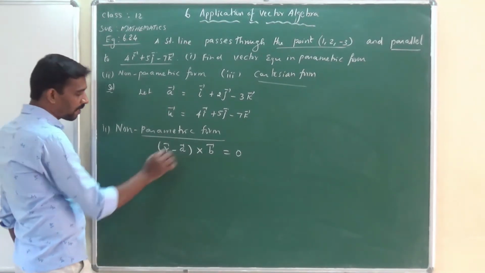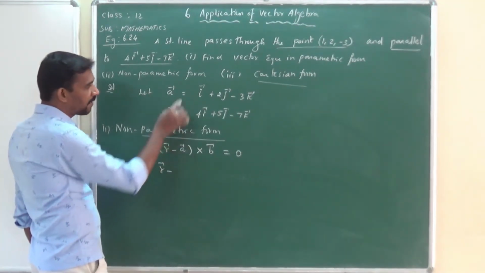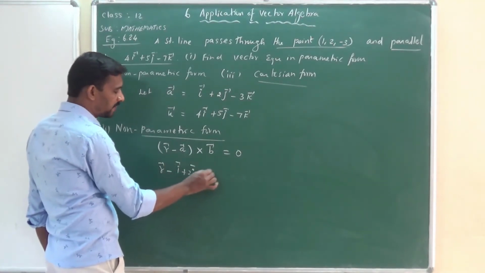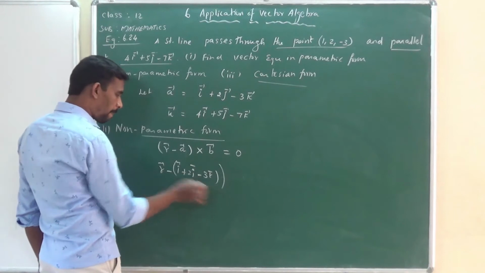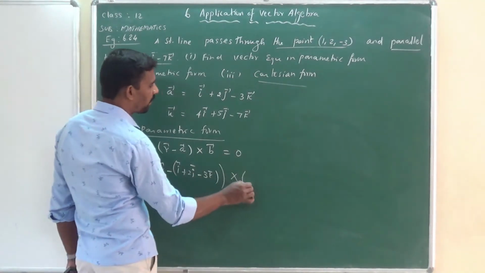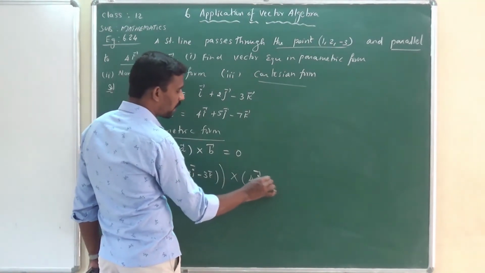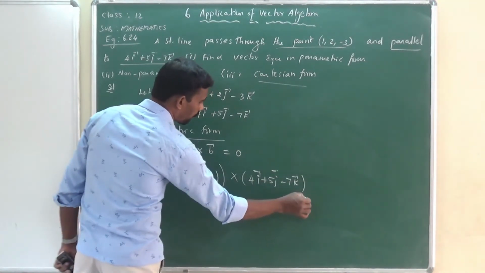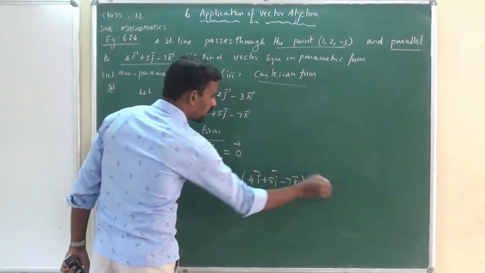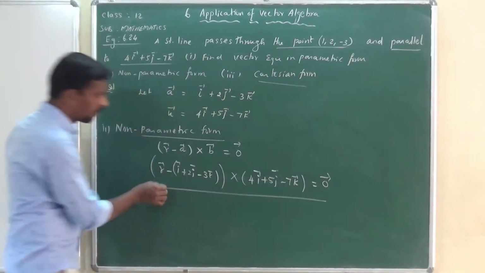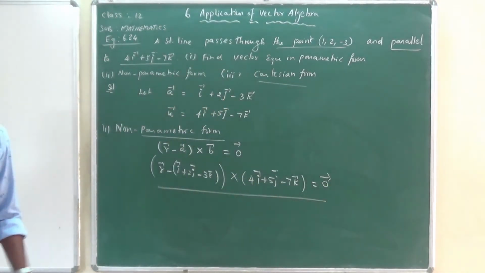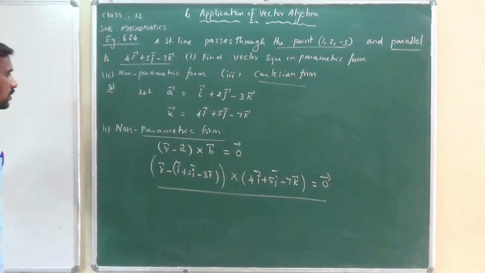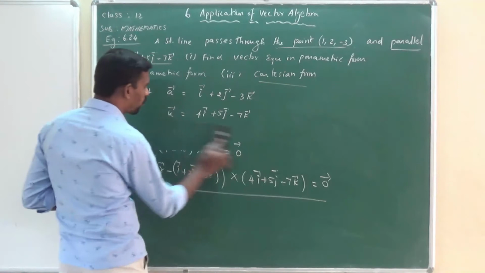Now just apply the values here: (r vector minus (i vector plus 2j vector minus 3k vector)) cross (4i vector plus 5j vector minus 7k vector) equals the zero vector. This is the non-parametric form of the vector equation. Next one, Cartesian form.